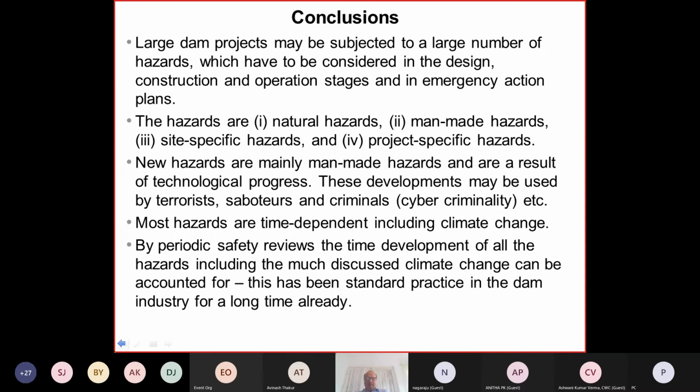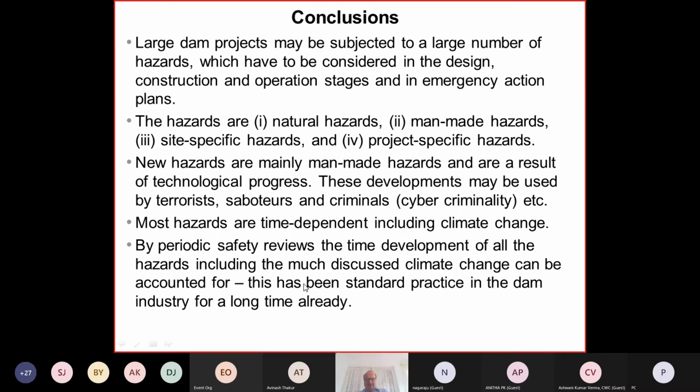Now, what is very important, and please don't forget, is that by periodic safety reviews, which I mentioned at the beginning, the time development of all the hazards, including the much discussed climate change hazard, can be accounted for.